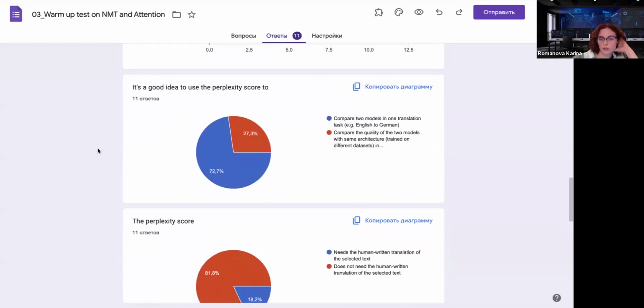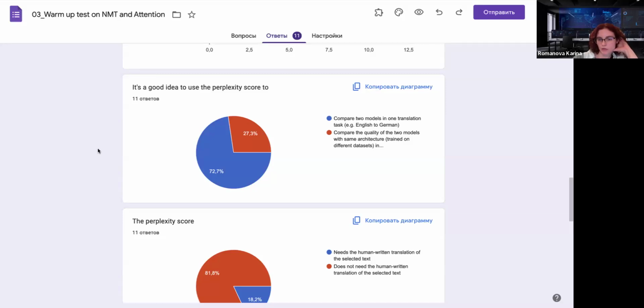Okay, if not, we will discuss the second question. It was about the perplexity score, and the correct answer was about comparing models on one translation task. Why can we choose this option?